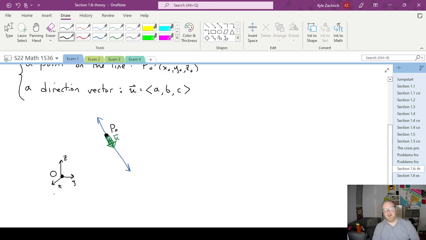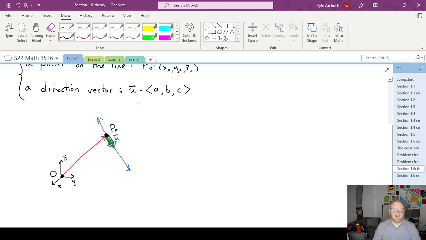I'm going to label that O. If I want to define a point on that line, I'm going to have two vectors here. The first vector is going to be this one here to get me to the point P naught.